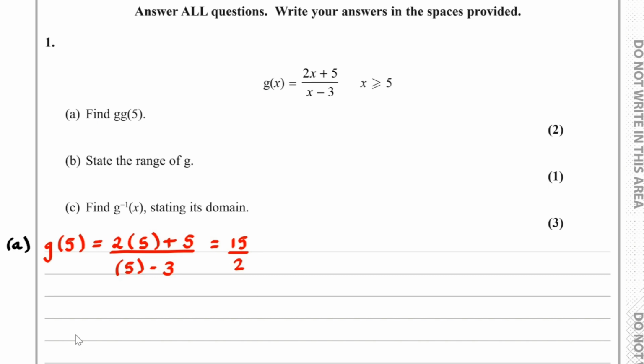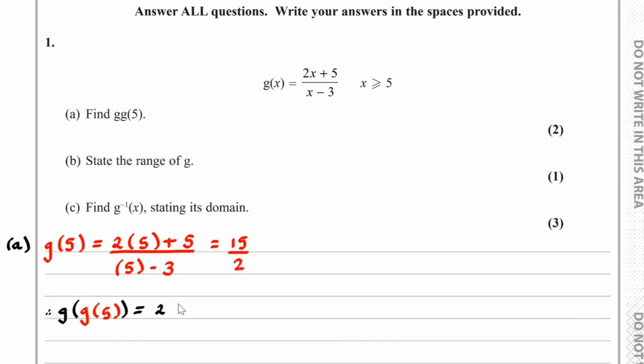And so therefore, g of 5, we replace the x with 15 over 2.